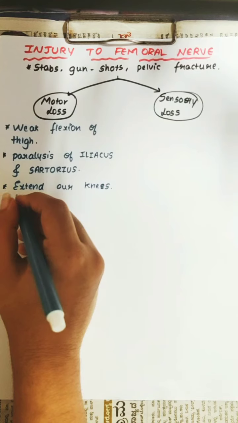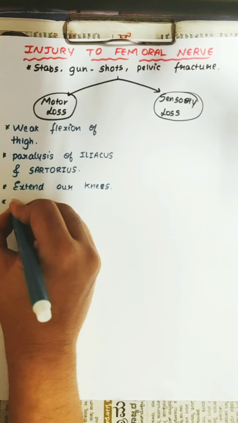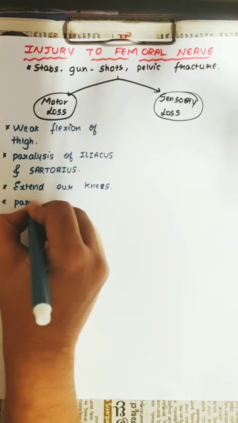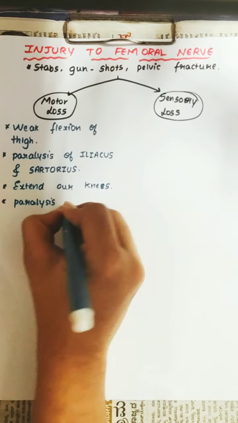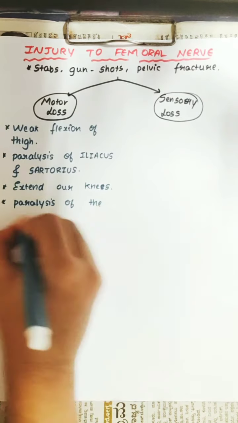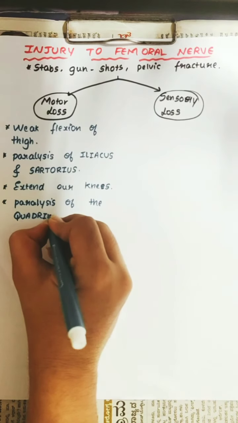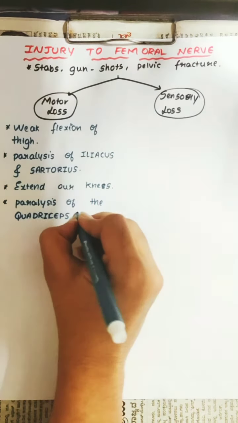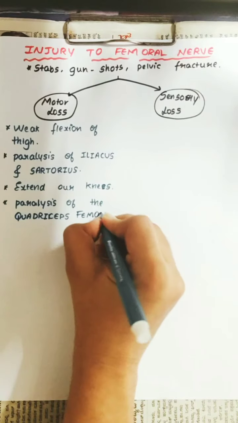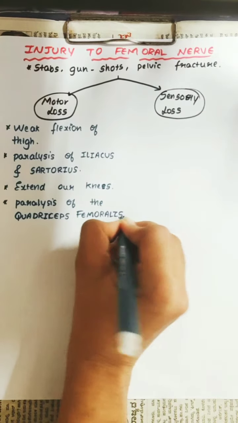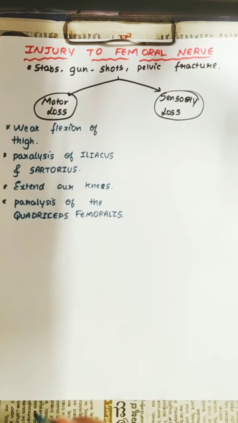Then there might be paralysis of the quadriceps femoris muscle. So these are some of the motor losses.